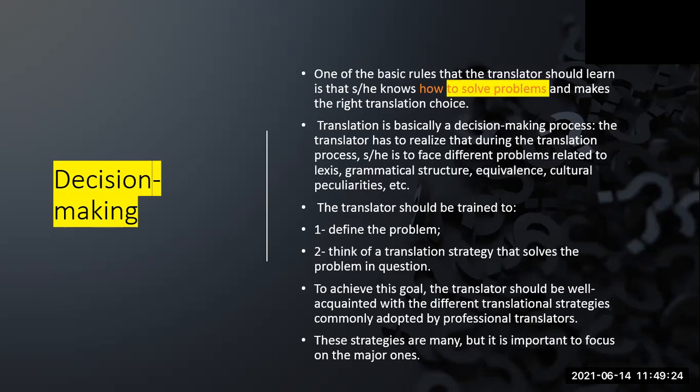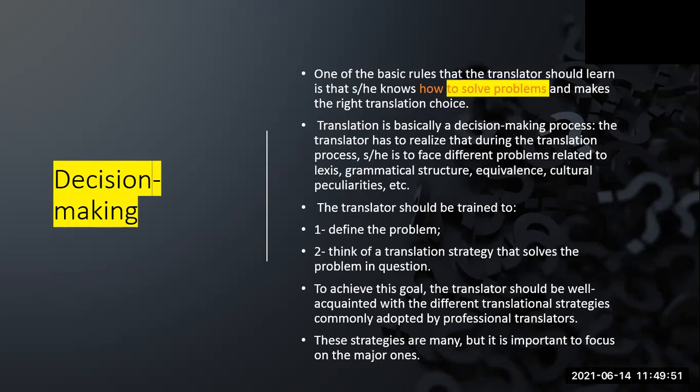So you must know how to do the following. Number one, you have to define the problem. تعريف المشكلة. Two, you need to think of a strategy, a translation strategy that solves this problem.